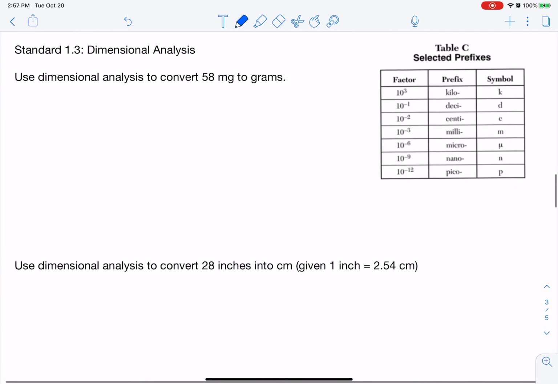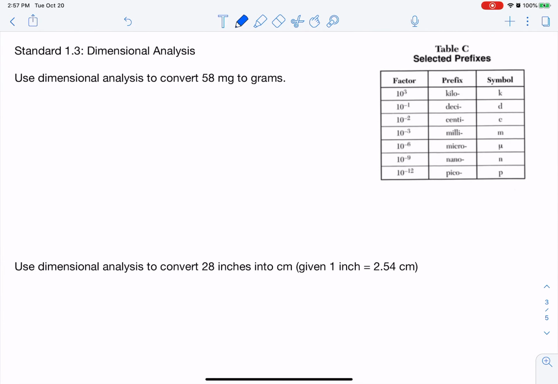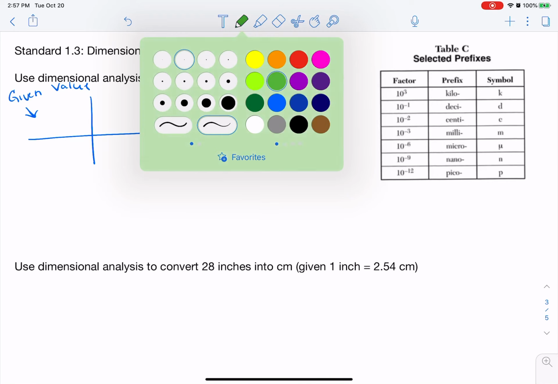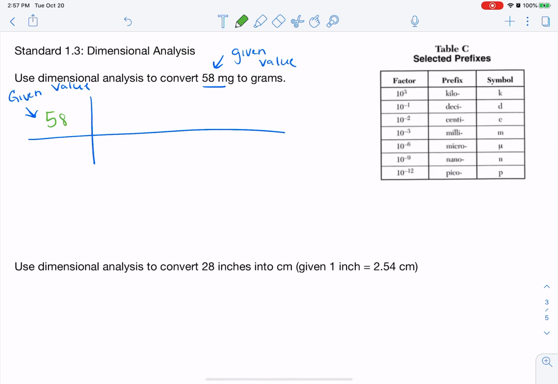So standard 1.3 is about dimensional analysis. Okay? So for dimensional analysis, we're always going to have our given value. And we're going to make our train tracks and always put that given value here. Okay? So let's put that number, 58 milligrams, here.